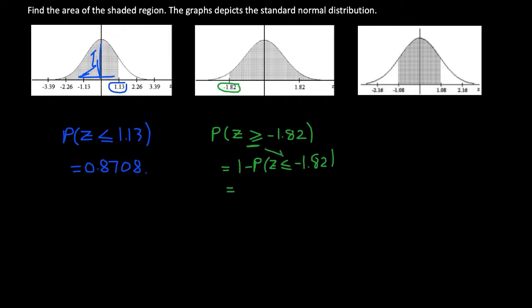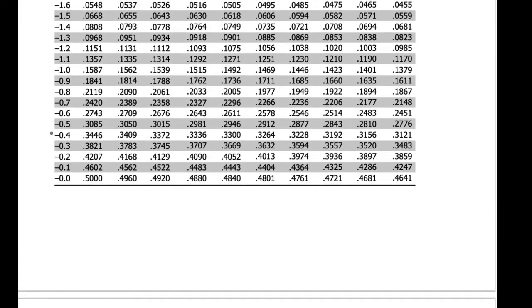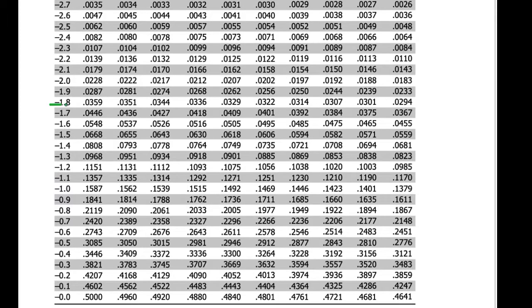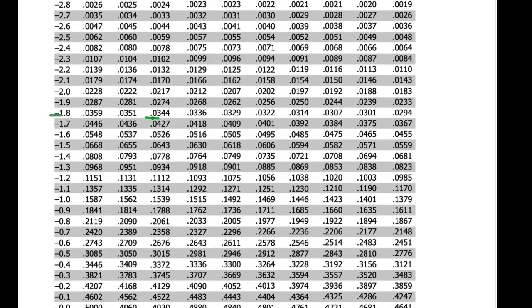How do we do that? 1 minus probability z less than or equal negative 1.82. Now go to the table. Negative 1.82. It should be negative number here. 1.8 is here. And 2 should be this. So therefore answer should be 0.0344.